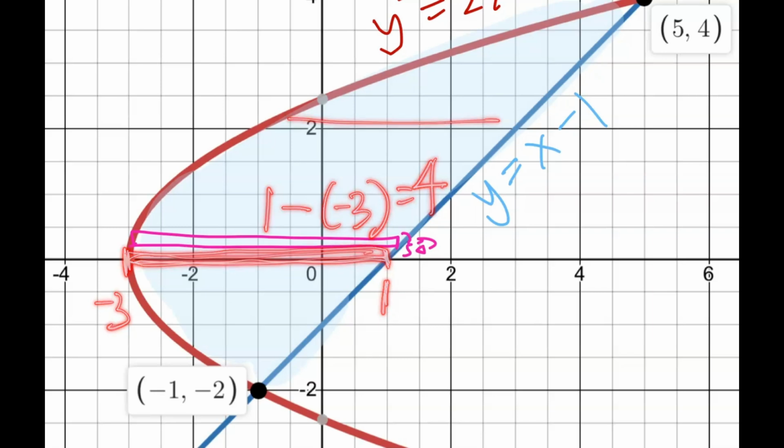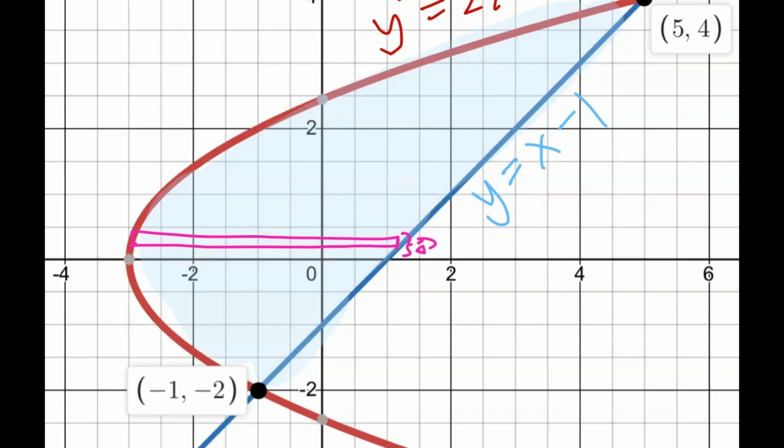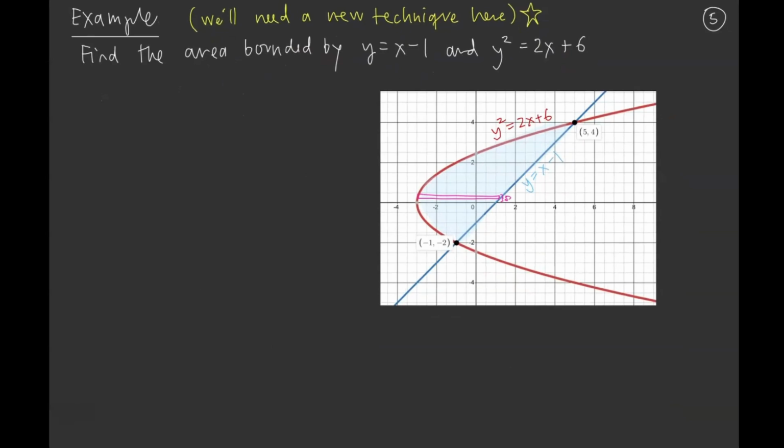We do that all throughout this region, just taking rectangles. And so what we end up with is, we're going to calculate this area by taking the integral from a lower y value to an upper y value. So some y equals a to y equals b that we'll find.